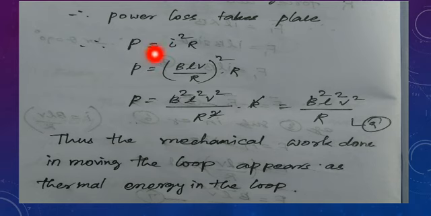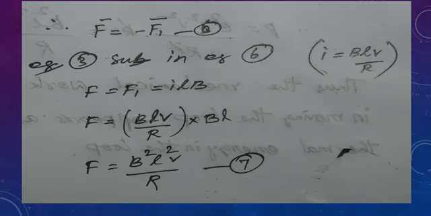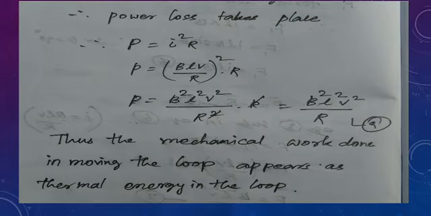Therefore P is equal to I square R. Substituting the I value, BLV divided by R, the whole square into R, we get B square L square V square divided by R square into R. The R square cancels, and we get B square L square V square divided by R. This is the power loss, in equation number 9.